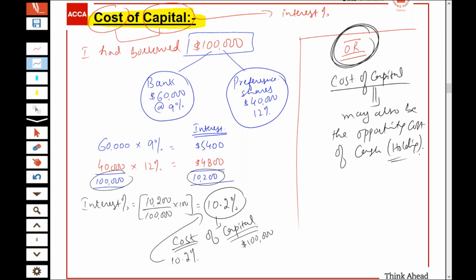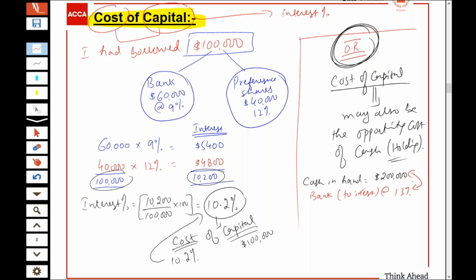For example, I have my personal cash, cash in hand, $200,000, and I've got the opportunity from a bank to invest at 13%. I can simply invest my 200,000 at 13% in any bank.